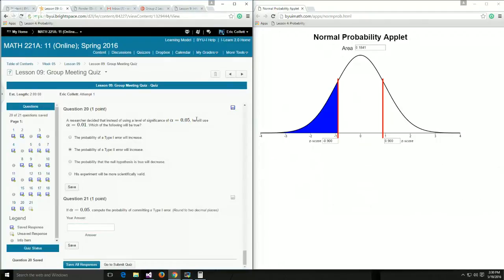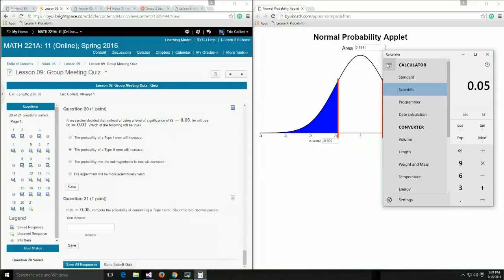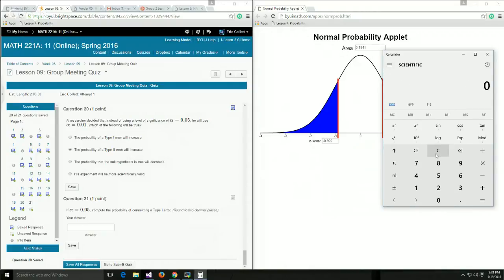So this is like a, what, a 2% chance? Wait, what's 5 divided by 100? 20? So it's like 20%, or a little less than 20, but yeah.